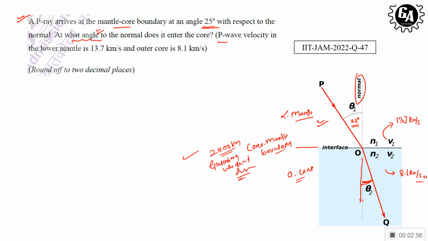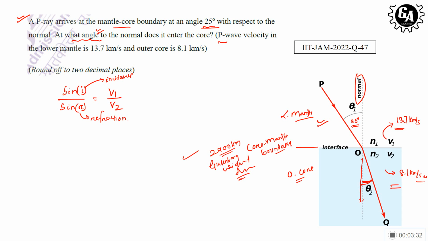So Snell's law we know: sine I by sine R is equal to v1 by v2. Here v1 is the velocity in the upper layer, v2 is the velocity in the lower layer, I is the angle of incidence, and R is the angle of refraction.